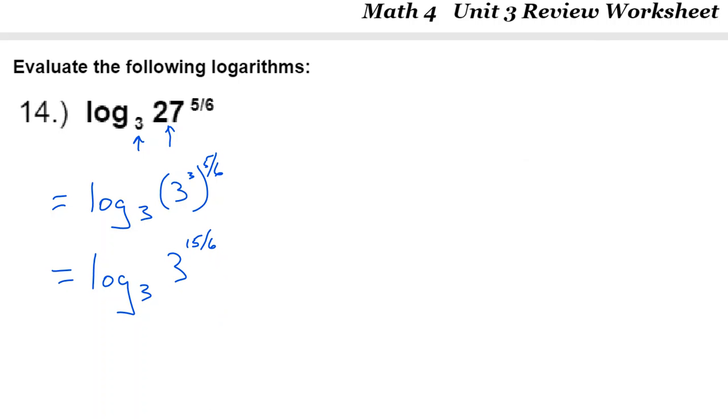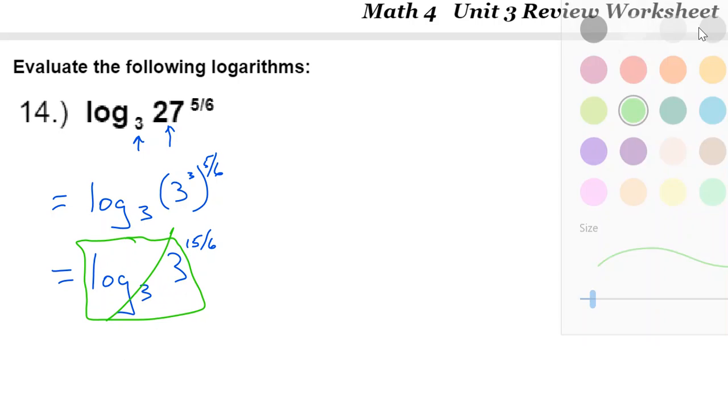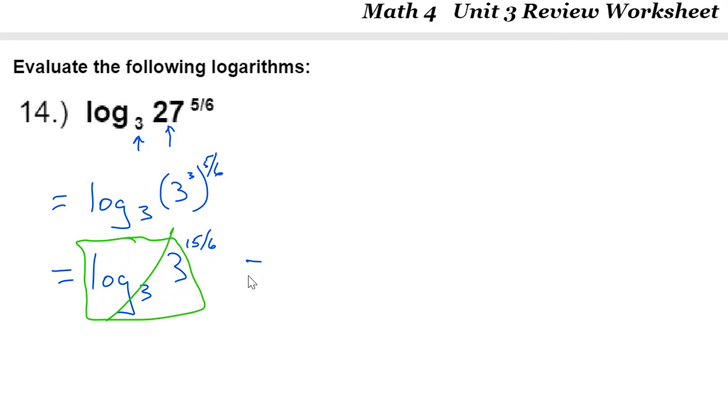Now, remember what happens when your bases turn out to be the same, both with the log base and with the exponential base. They cancel out. And so all I am left with is 15 over 6, which is about 2.5. They didn't say anything about no decimals on this one, so we'll go to 2.5.